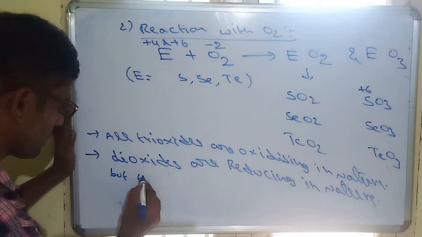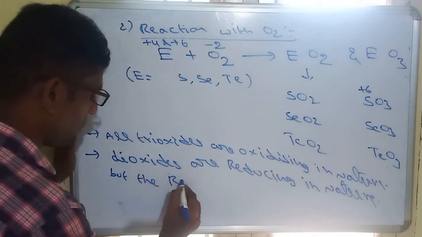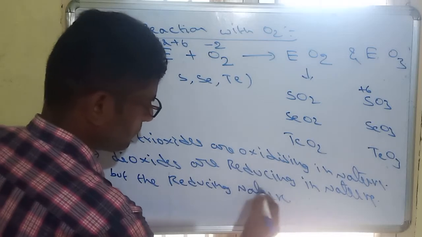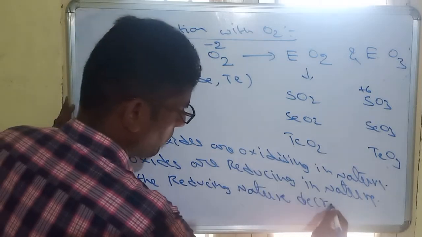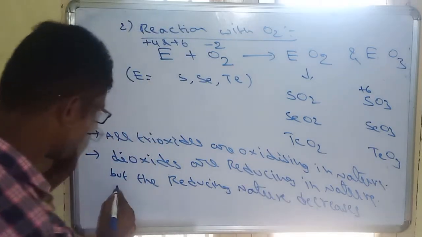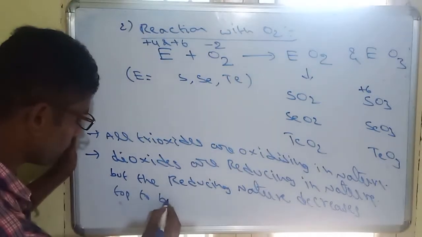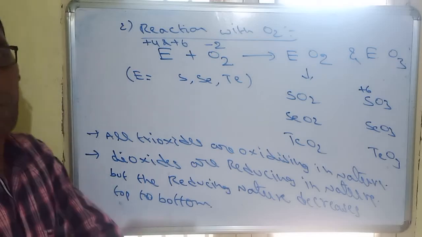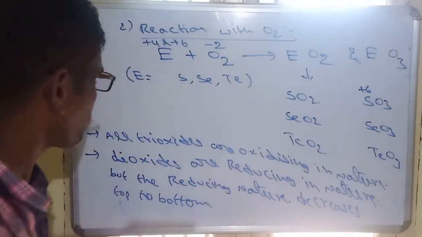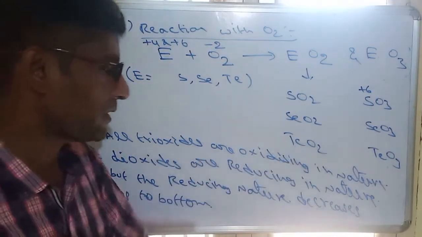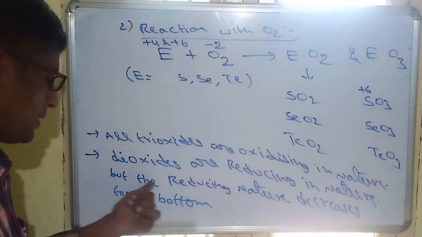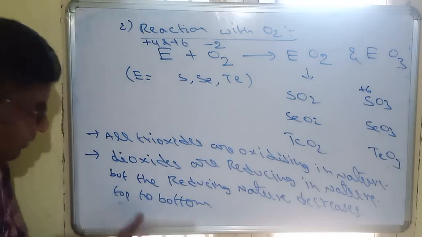But the reducing nature decreases top to bottom. Reducing nature decreases top to bottom. All trioxides are oxidizing in nature and dioxides are reducing in nature, but the reducing nature decreases top to bottom.